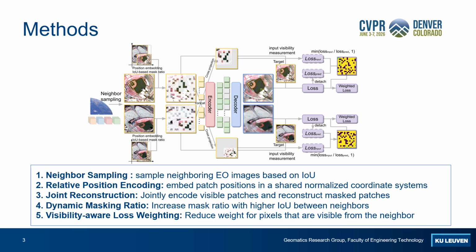Some masked pixels in one image may already be visible in the neighboring image. This can create shortcuts when the model simply copies the visible content. To avoid this, we reduce the reconstruction loss weight for pixels that are visible from the neighbors when copying is too easy. Together, this design allows NeighborMAE to learn from neighboring images effectively and efficiently.